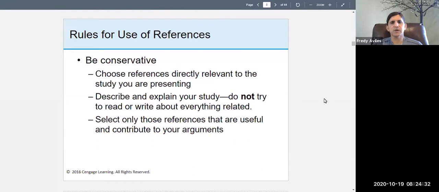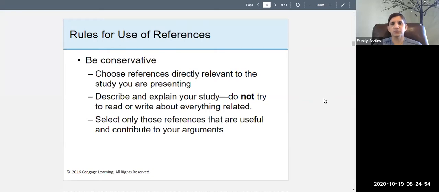Other rules for references: be conservative. Choose references directly relevant to the study you're presenting. When you do your literature review, you need to mention research that is relevant to your topic. You might run into things that are not relevant. That shouldn't be a part of it. That goes without saying. But you need to describe and explain your study.